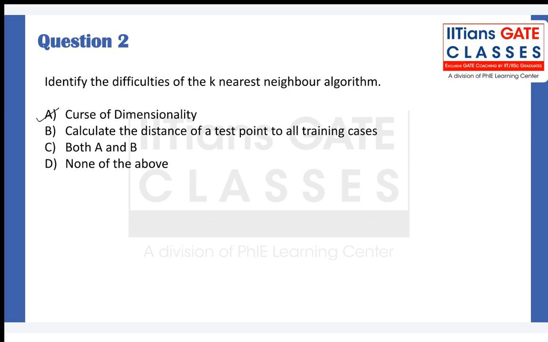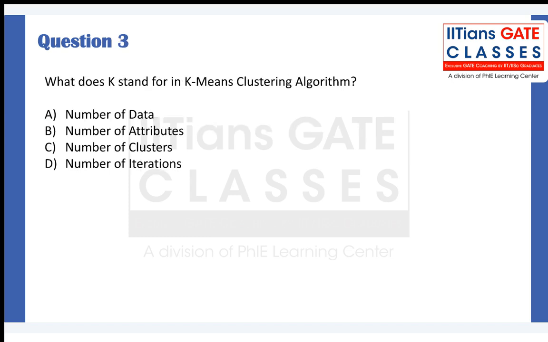And the other problem is that you have to calculate the distance of a test point to all the training data points, and that is the biggest problem of k nearest neighbor. That is why option C is the correct answer. This was easy, that's why I didn't give you some time. Again, what does K stand for? K means clustering. I mean, if you have seen my lecture, it is nothing but the number of clusters.